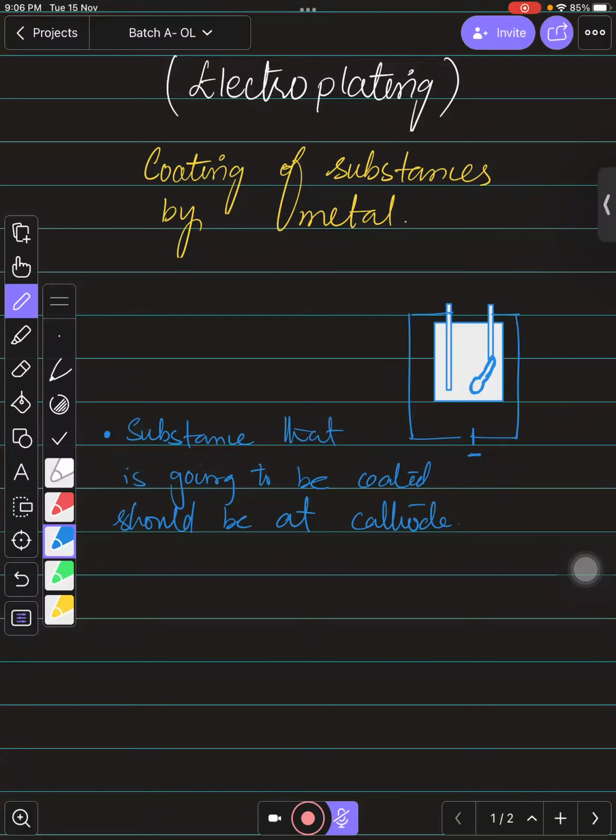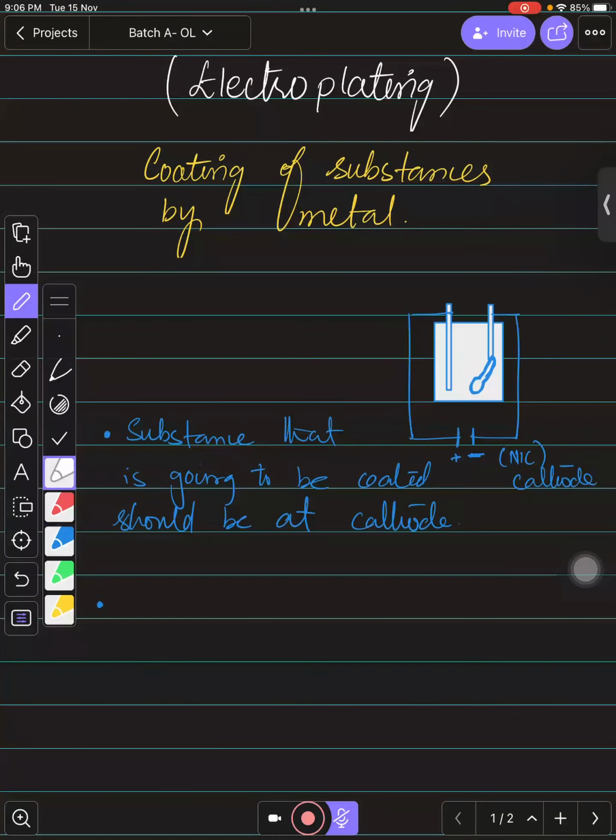So you can see that मैंने इसको cathode पे लगा दिया. Negative is cathode. We know that. So I just place this at cathode, right? And then the metal, जिस metal से आप coating कराना चाहते हैं, उसको आप कहाँ लगा देंगे? Anode पे लगा देंगे.